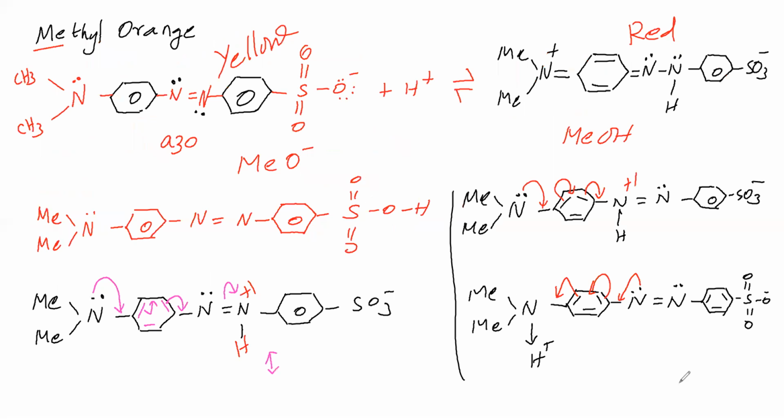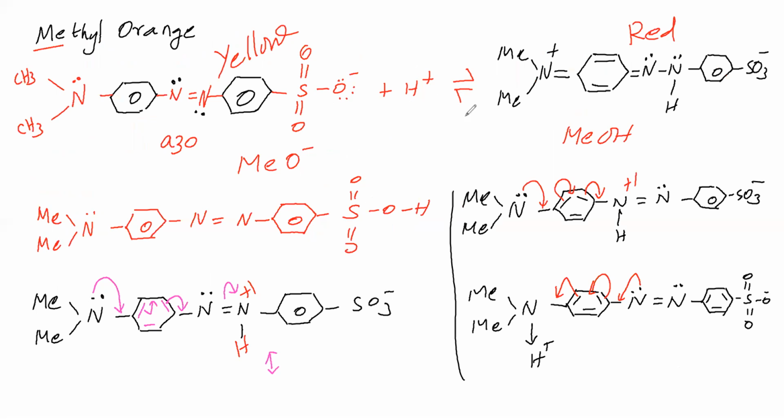Next, let us add aqueous solution of sodium hydroxide into this. Sodium hydroxide gives hydroxide. Hydroxide consumes this H plus, therefore concentration of H plus is getting reduced. So which direction will be favored?